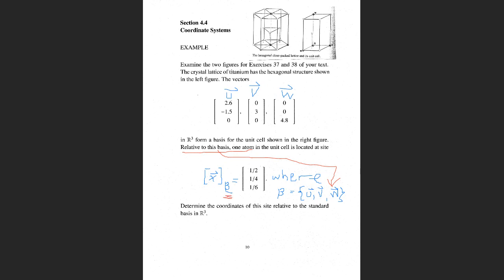But now we want to determine another coordinate vector. Determine the coordinates of this site relative to the standard basis. So I'm going to write down another coordinate vector, and it has to be relative to a basis. What I'm asking is, what are the vectors in the standard basis?